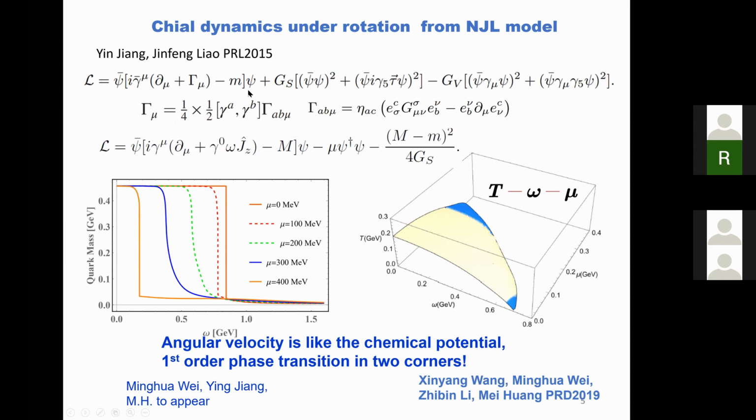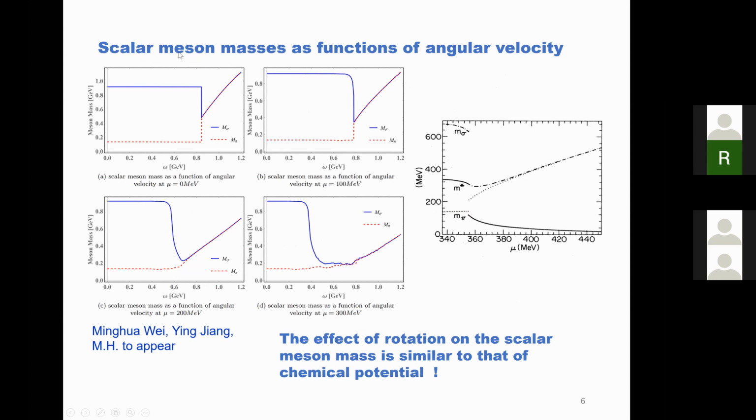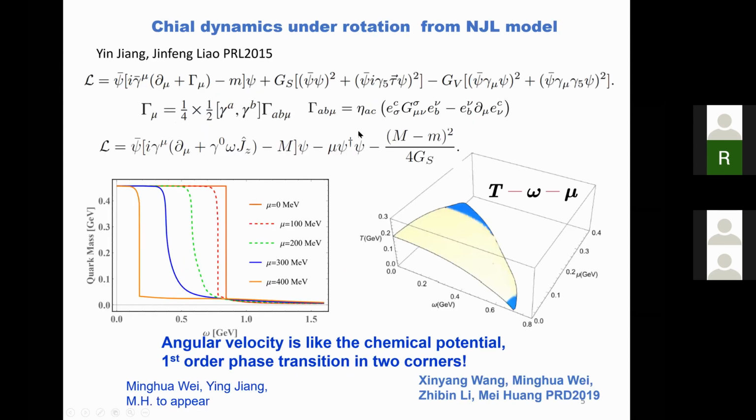And also we investigate the scalar mesons and also vector mesons as a function of this angular velocity. Sorry, I must point out that from this Lagrangian, you can see this Ω actually plays a very similar role as the chemical potential.